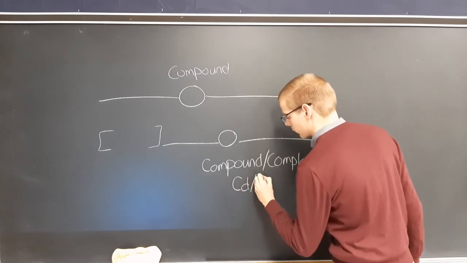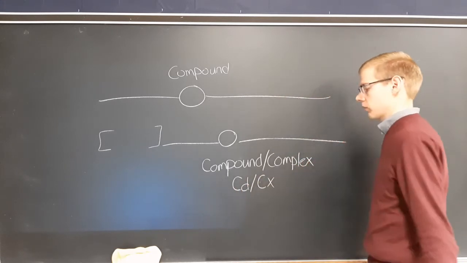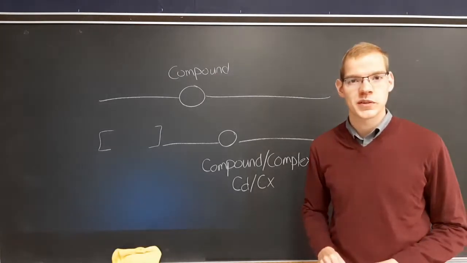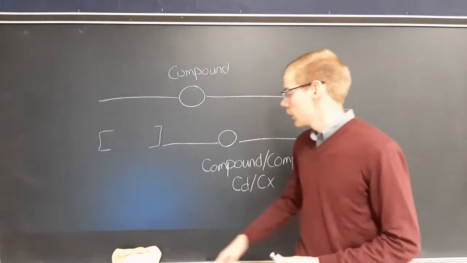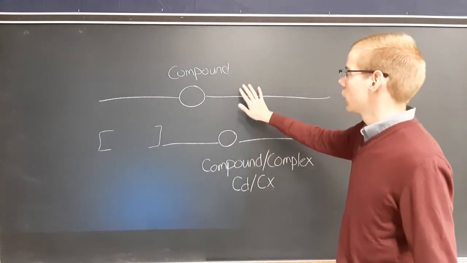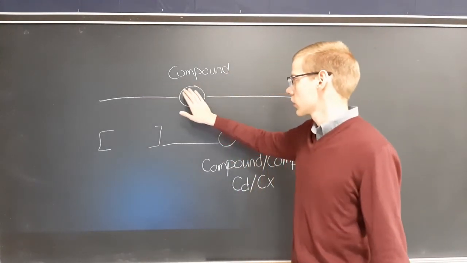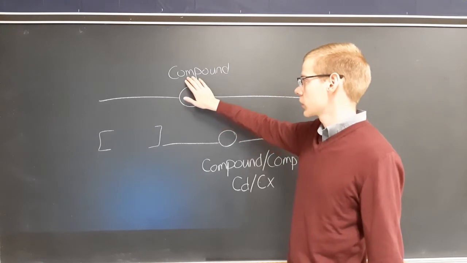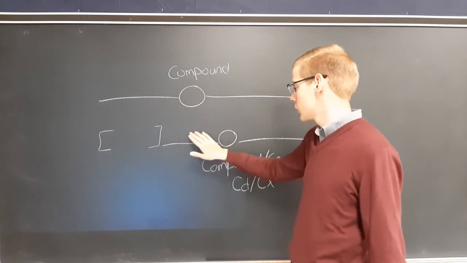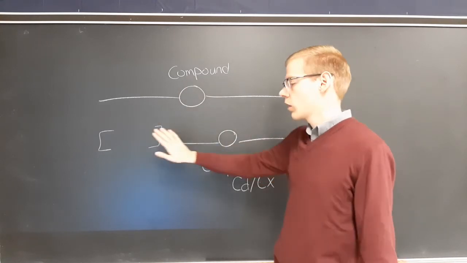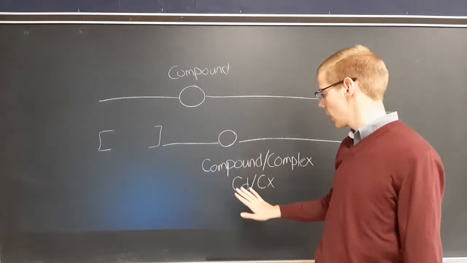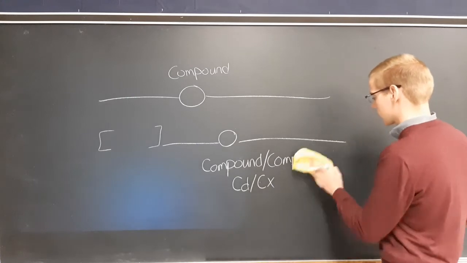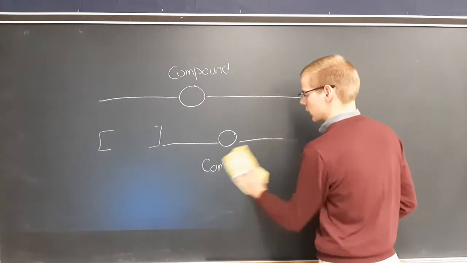CX is the abbreviation we'll be using for it. So, 2 independent clauses connected, it's a compound. 2 independent clauses with a dependent clause connected is a compound complex sentence. So let's go over to these ones.